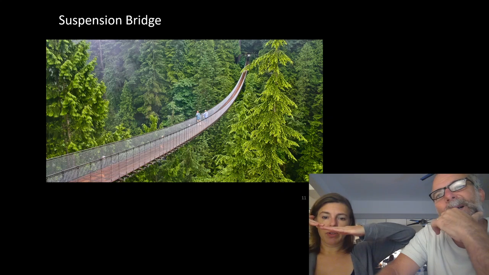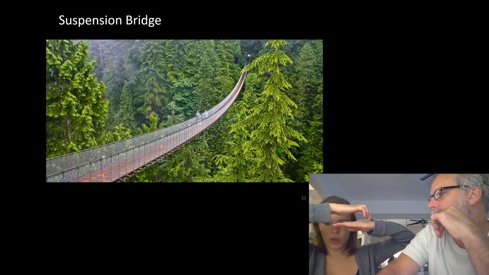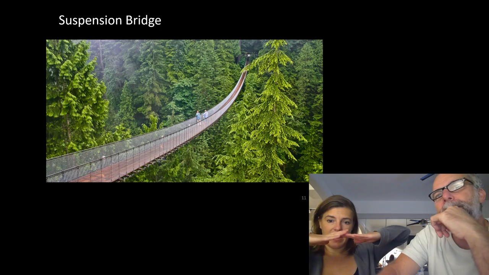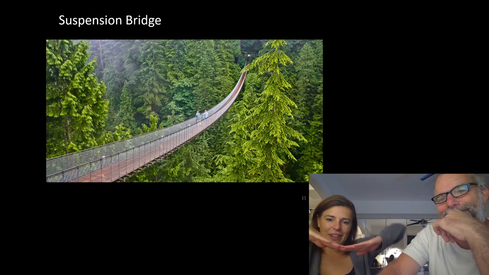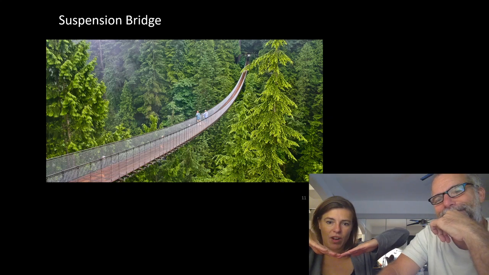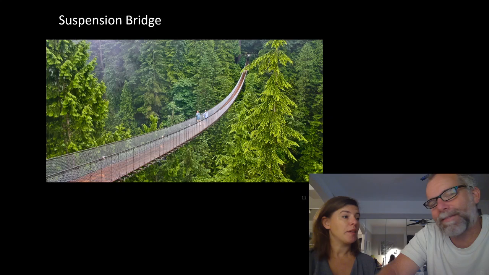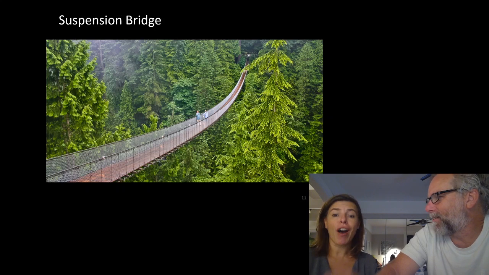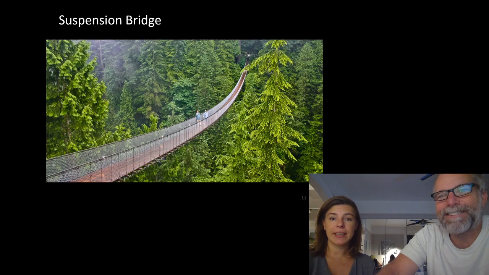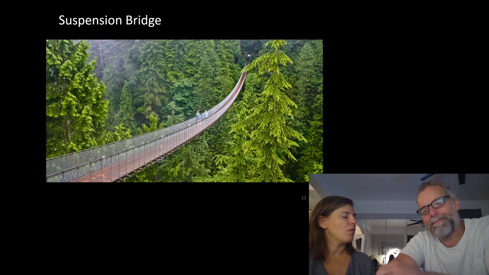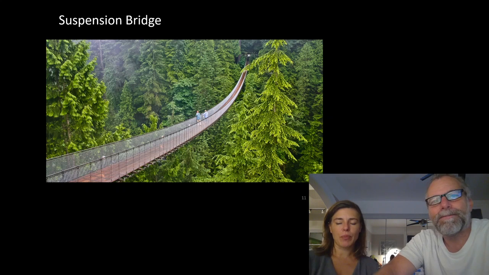So if the shape looks like this and someone is over here, it kind of goes like this, and then as you move across, the shape kind of goes with you. It's like walking across an elastic band, if you can imagine that. I mean, a taut elastic band, but the idea is that you do experience movement. You took our kids over, well, we'll show that picture of that bridge coming up.